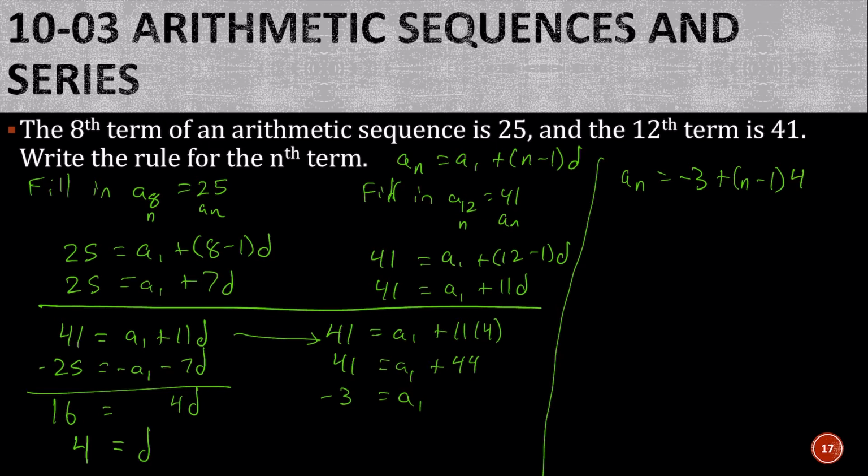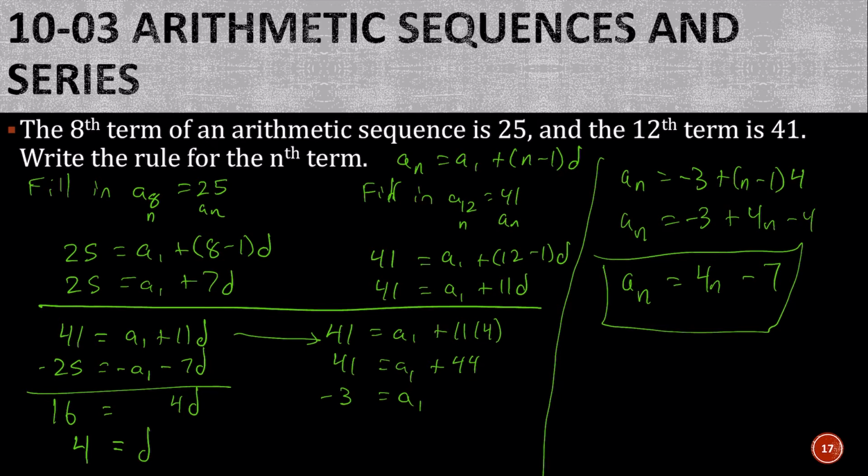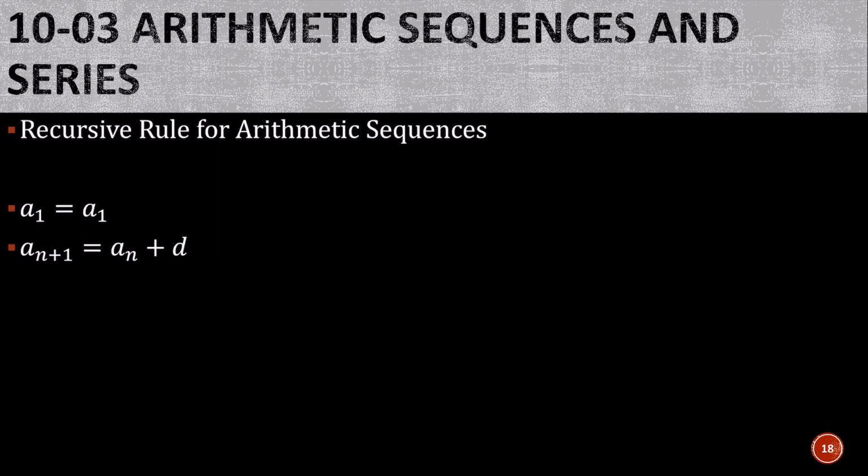But now I know the a_1 and the d. Distribute, 4n minus 4. So our rule will be a_n equals 4n minus 7. The recursive rule for arithmetic sequences is pretty straightforward. To get the next number in the sequence, you just add d. So we have our first term, and then the next term is simply the previous term plus d.